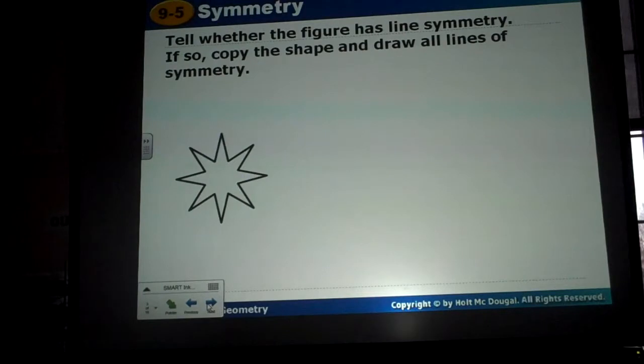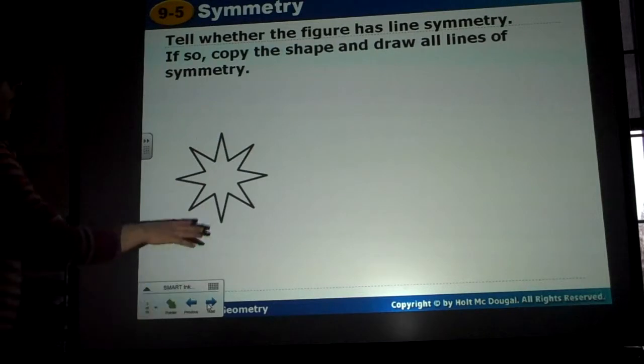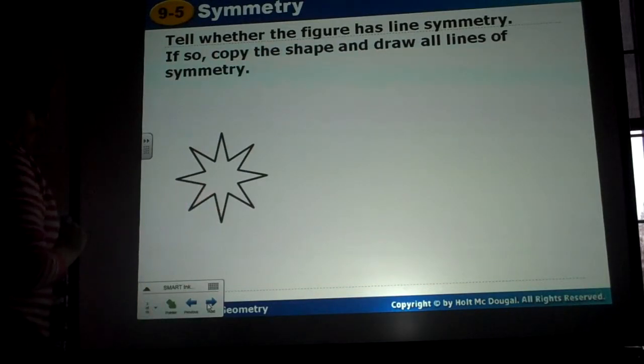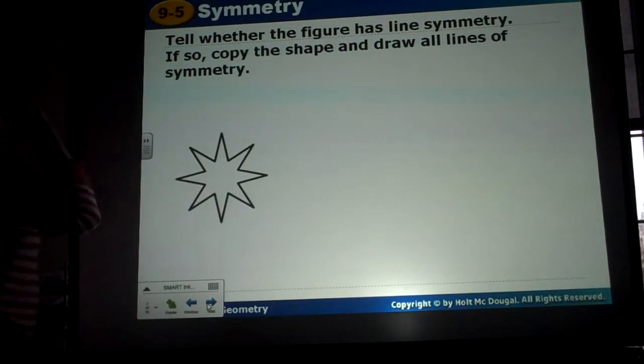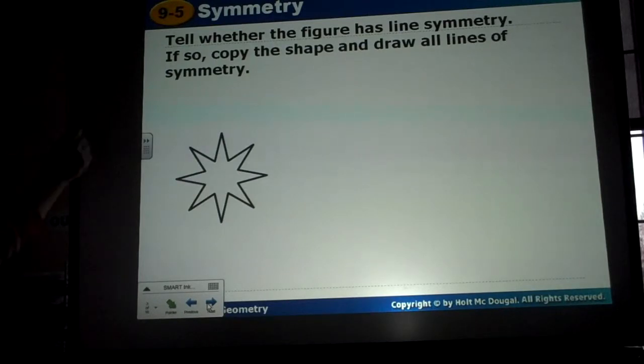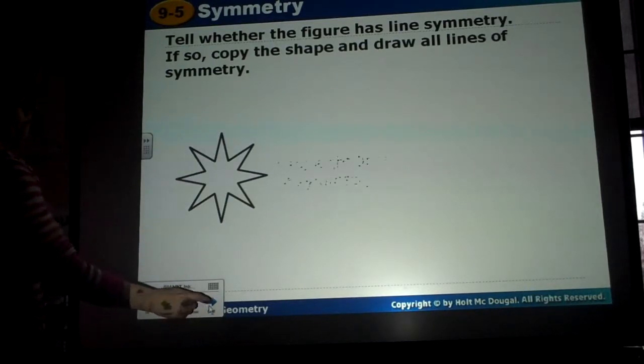Okay, tell whether the figure has line symmetry. If so, copy the shape and draw all lines of symmetry. Alright, class, I had to kind of manipulate your shape, so it's not going to look exactly like this one, so I didn't have to waste like 10 sheets of paper. So if your star, your polygon, looks like this one, does it have line symmetry, and if so, how many?